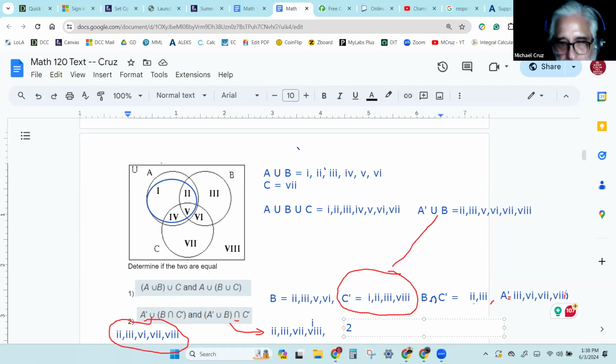They are not equal, because this one has 2, 3, 6, 7, and 8. This one has 2, 3, 7, and 8. It's missing the 6, so they're not the same.